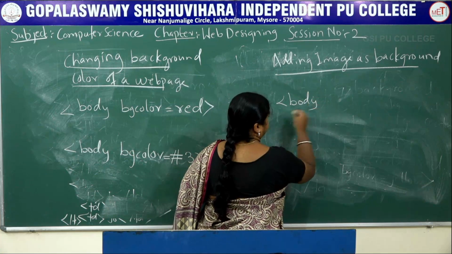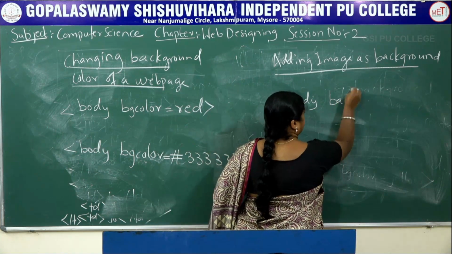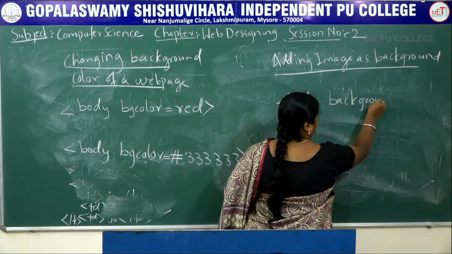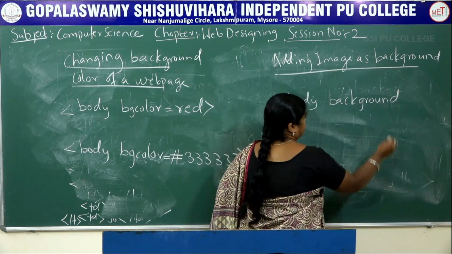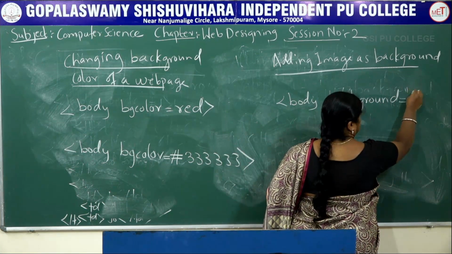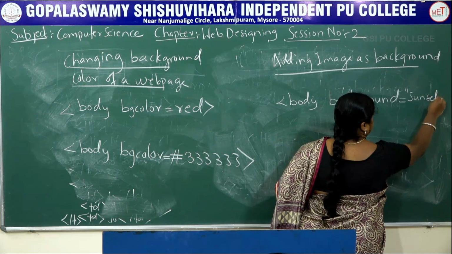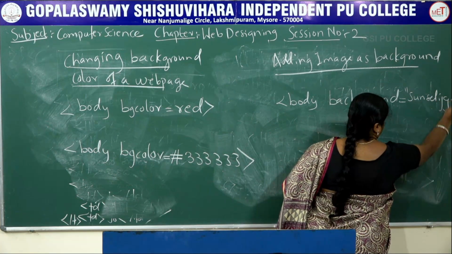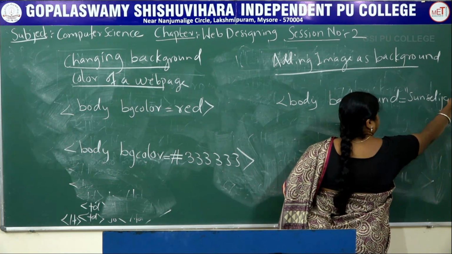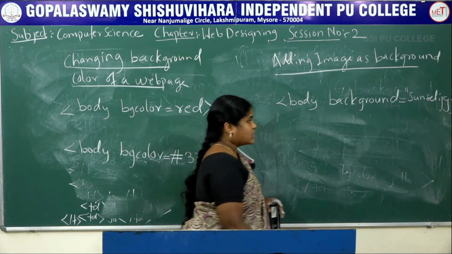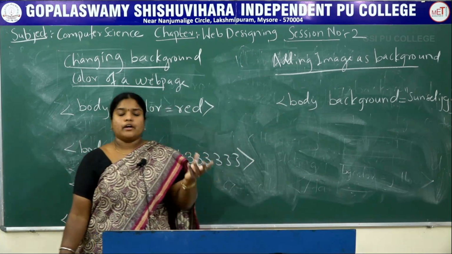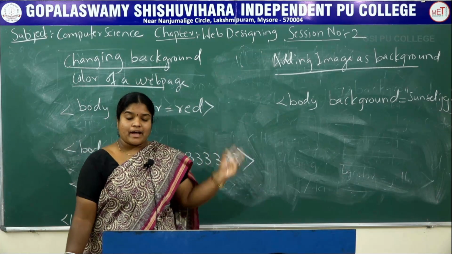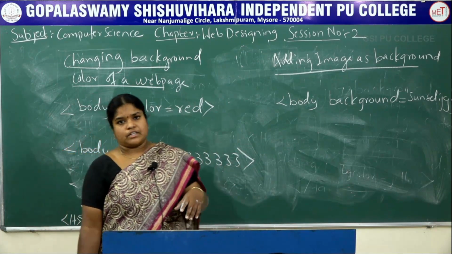Here body tag, then the attribute is background. Background is equal to, suppose I say sunset dot jpg, double quote complete, tag complete. So this is how you can add a particular image as background of an entire web page.